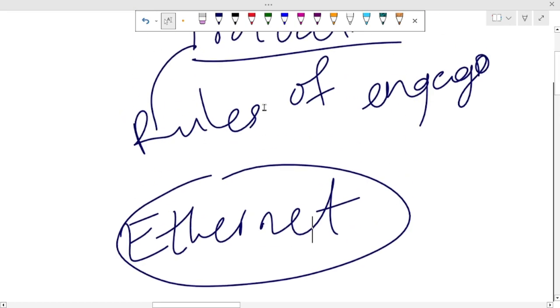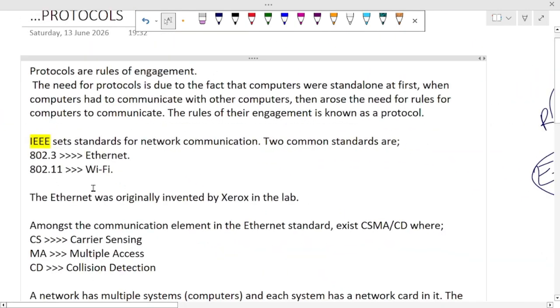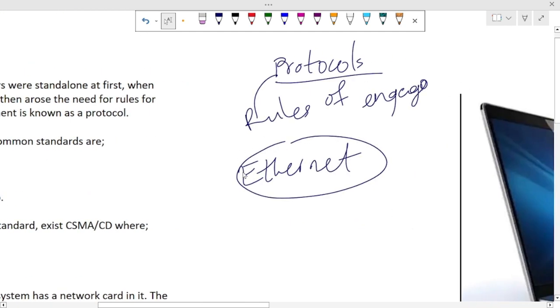So that's that. Now, amongst the communication elements in the Ethernet standard exists CSMA/CD. Ethernet has elements, things that make it work. We just said that Ethernet is an example of protocol, right? As an example of protocol, it has a combination of elements that make Ethernet work.